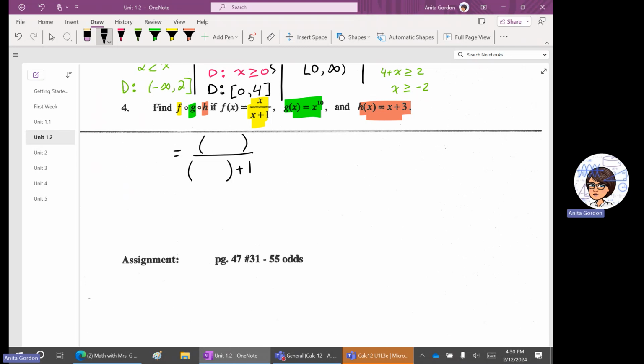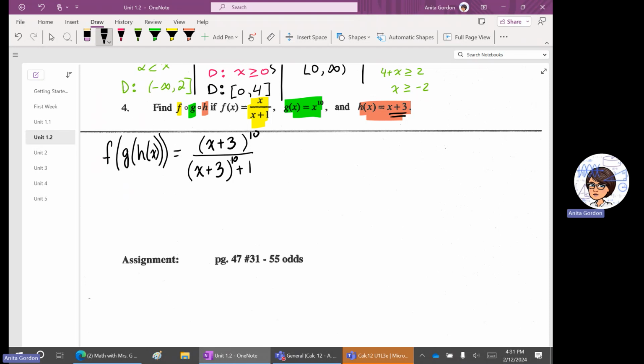But in place of x, I have to leave again a spot to place the h function. So it's x to the power 10, and then in place of the x, I'm now putting in function h, x plus 3. This is the function f of g of h of x.